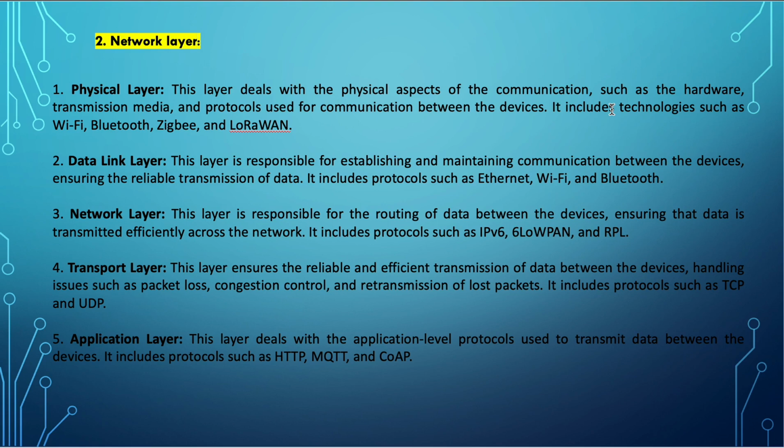Then we have the data link layer. This layer is responsible for establishing and maintaining communication between the devices, ensuring reliable transmission of data. It includes protocols such as Ethernet, Wi-Fi and Bluetooth. Now if you take these protocols, at the data link layer, our main concern goes to the physical layer, right?